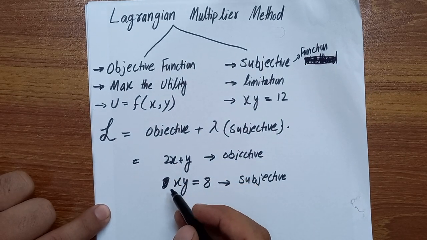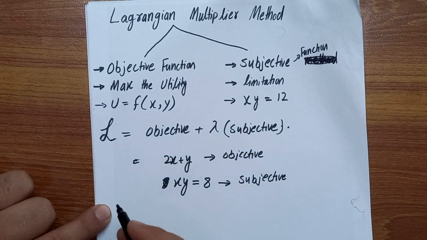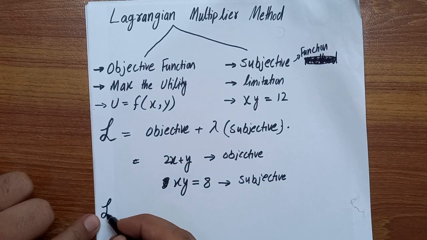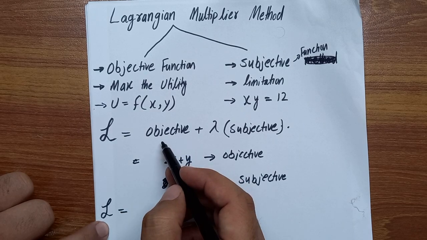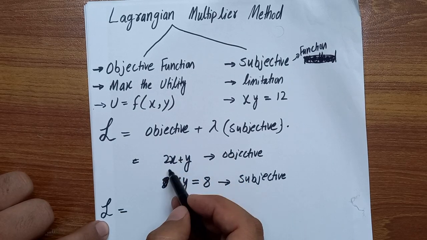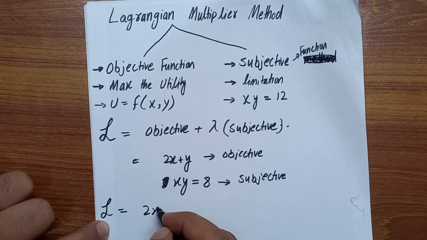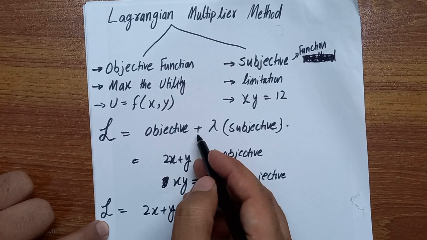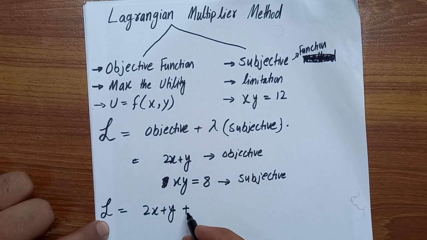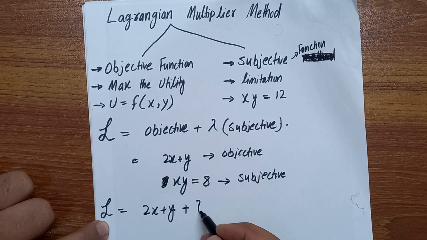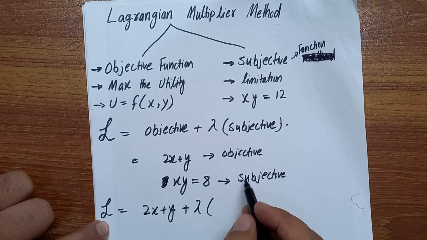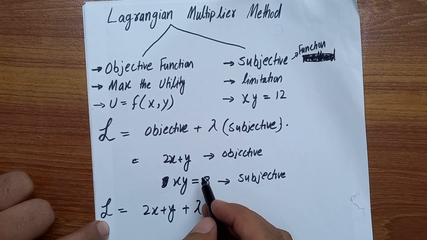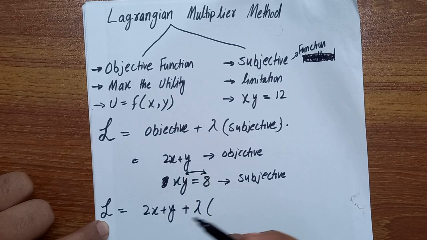So now we will use the Lagrangian formula. This is the symbol of it. First I will write the objective function, 2x plus y, then a plus symbol, then lambda, and then the subjective function. Here we will transfer this to this side, so no problem.